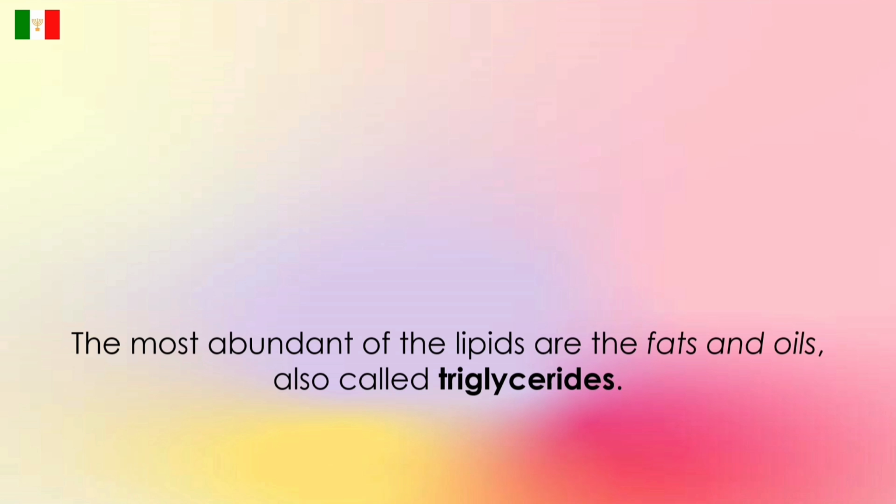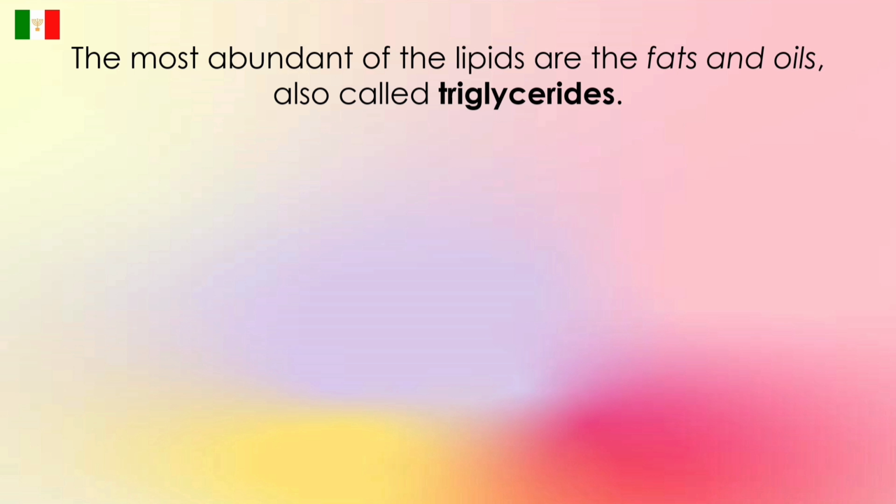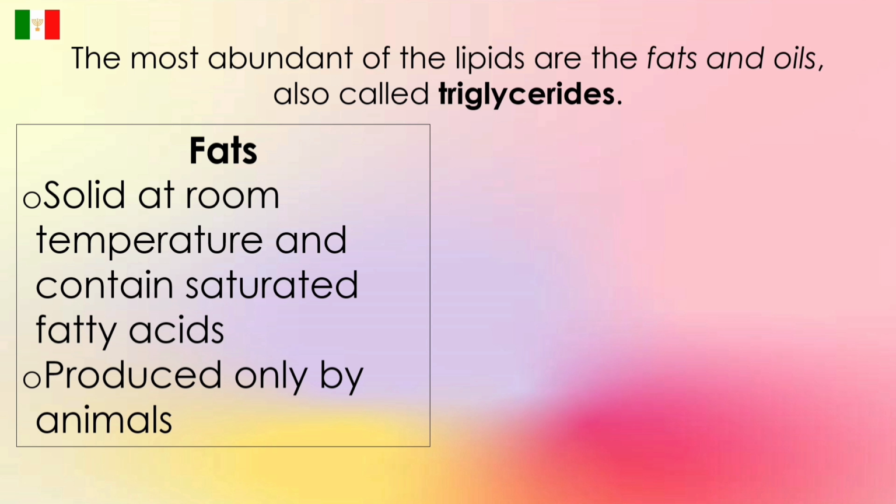The most abundant of the lipids are the fats and oils. This is also called triglycerides. Fats and oils are triglycerides that come from the combinations of glycerol and 3 fatty acids. Fats are solid at room temperature and contain saturated fatty acids.